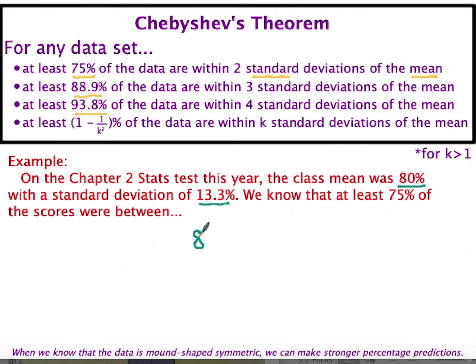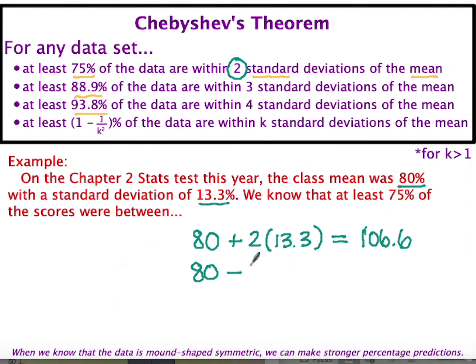We can take that 80, which is the middle number, and we can add, did you see it said 2 standard deviations from the mean? We can add 2 13.3s to that. And that gives us 106.6. We also want to go in the other direction, so we'll take that mean and subtract 2 standard deviations, which gives us 53.4.